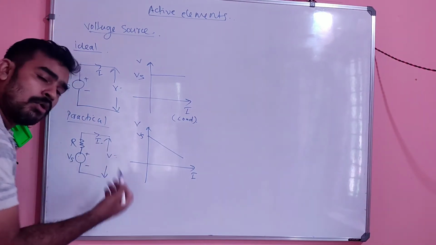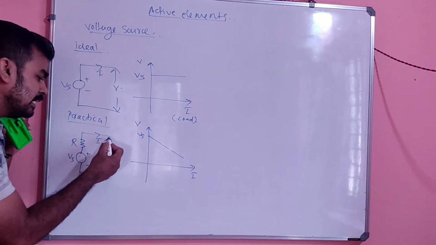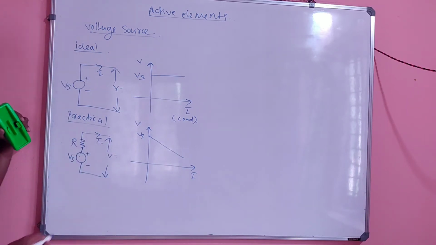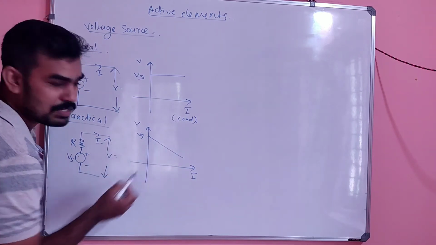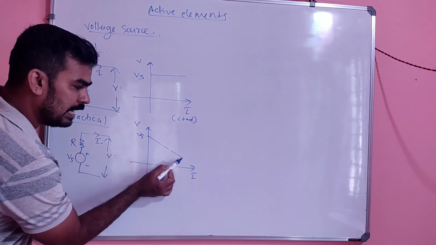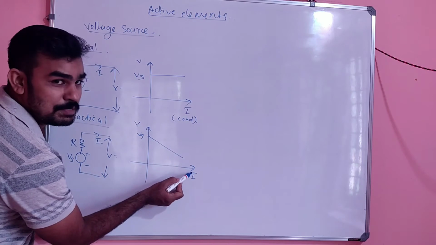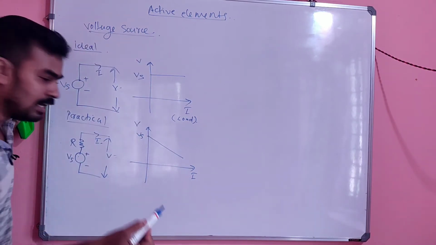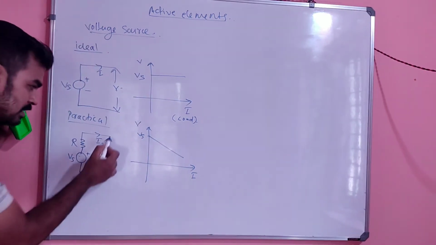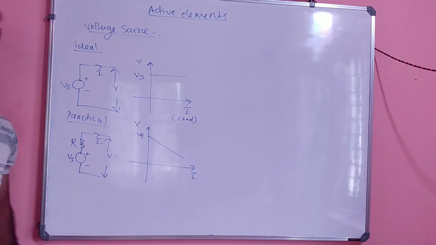When we increase the load beyond a certain limit, it will become a short circuit. That's why it is represented like this. For a huge amount of current, the voltage will be 0, which means this terminal will likely be short circuited. So this is the case.